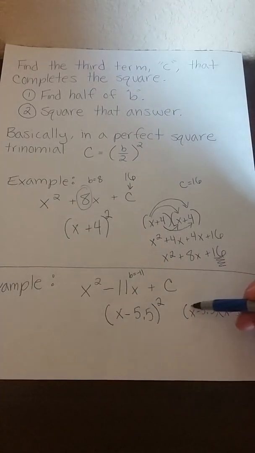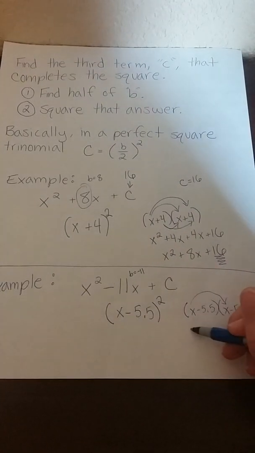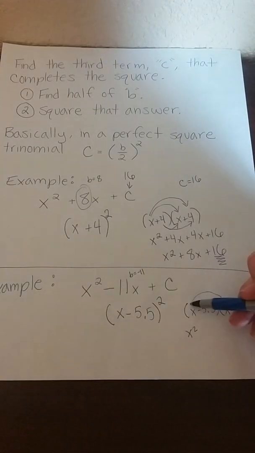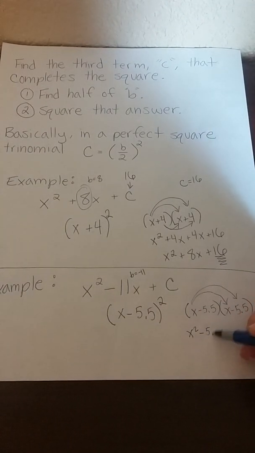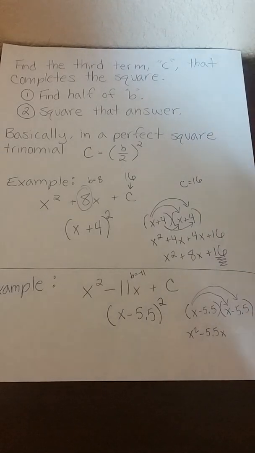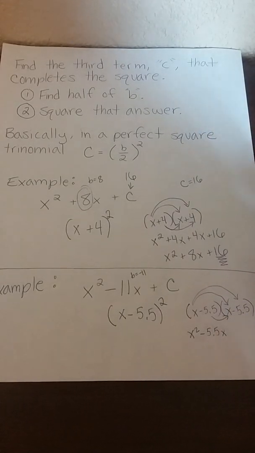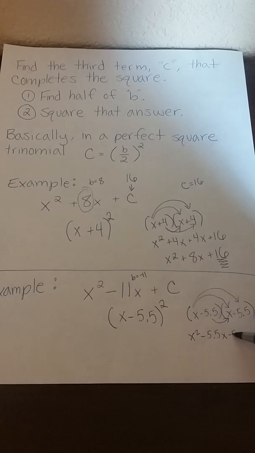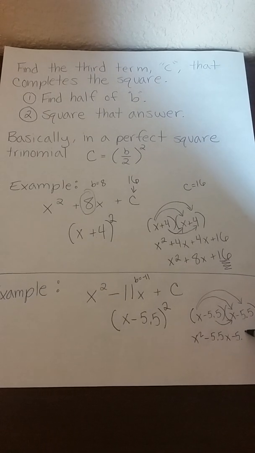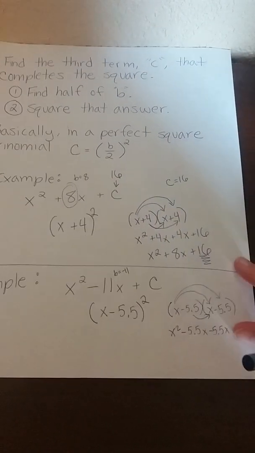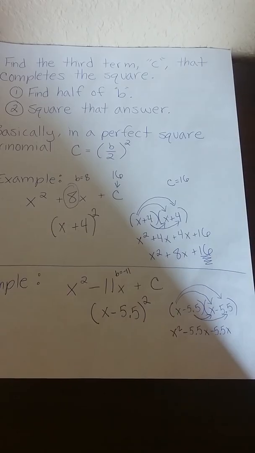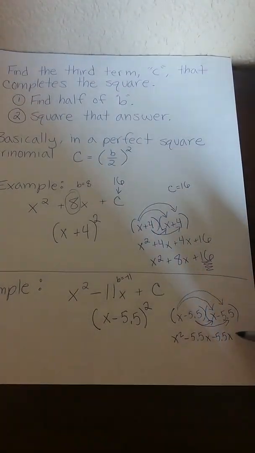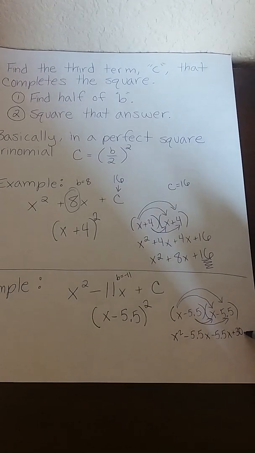If I multiply that out, x times x is x squared. X times negative 5.5 is negative 5.5x. Negative 5.5 times x is again negative 5.5x. And then I do negative 5.5 times negative 5.5, which is positive 30.25.